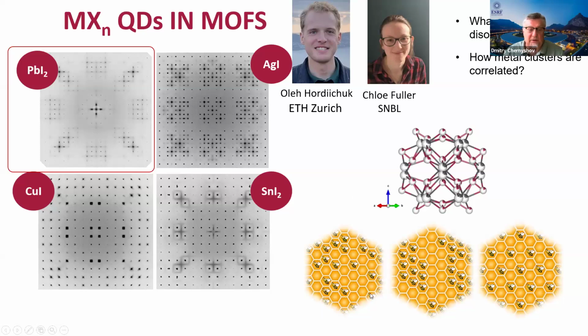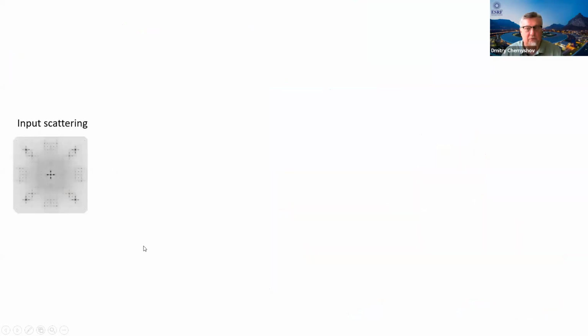They can be randomly distributed in the space, they can show clustering, so it's a sort of positive correlation, or they don't like each other, and then they try to be as far as possible from each other. So different scenarios are possible. Now we take this diffuse scattering dataset for lead iodide and give it to our algorithm.